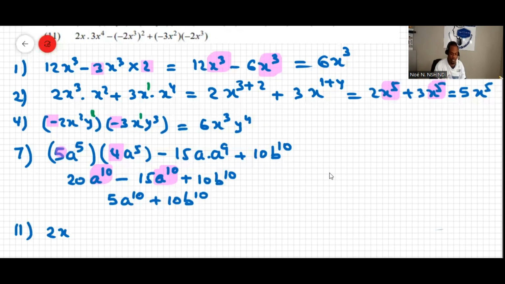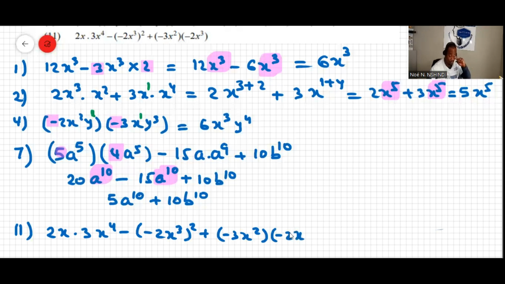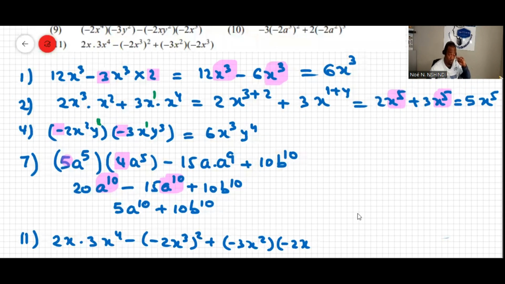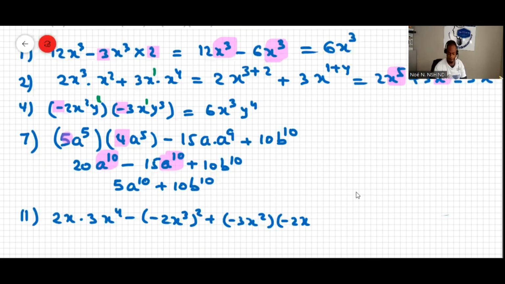That makes 2x multiplied by 3x to the power 4 minus negative 2x cubed squared plus negative 3x squared and negative 2x, excuse me, x cubed. So this makes 6x to the 5 minus.